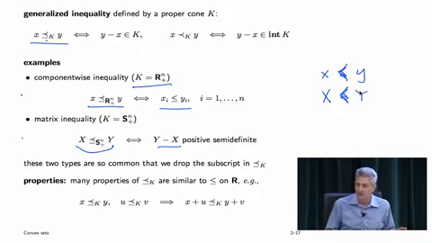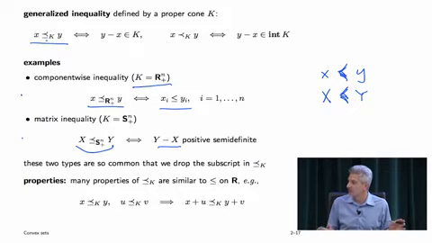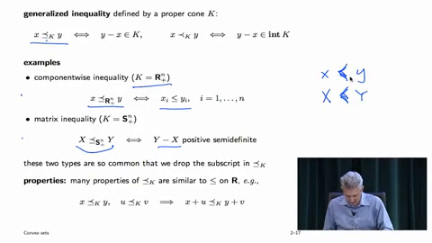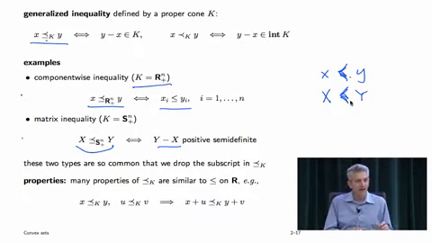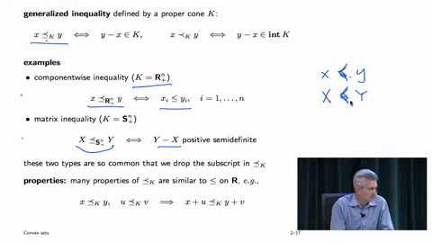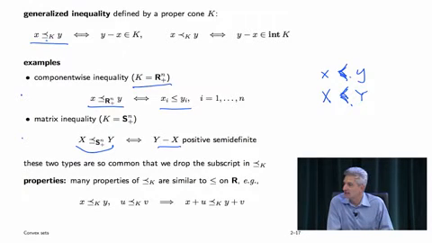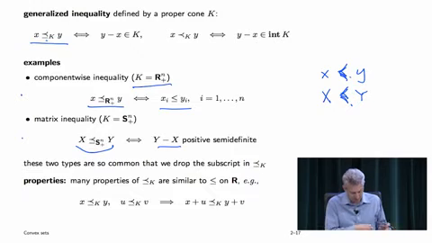The default subscript that you will fill in is R plus to the n and S n plus here, okay? So if you see x squiggly y and they're vectors, it means element-wise, and if they're symmetric matrices, it means with respect to the positive semi-definite cone. Okay, so these are kind of standard.